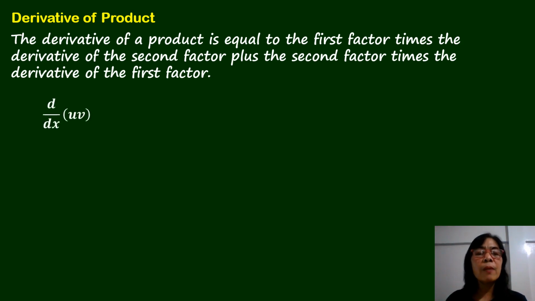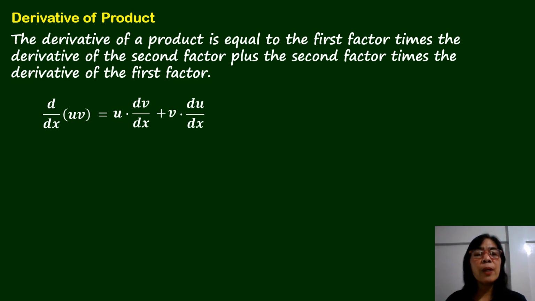In symbol, we have here the derivative of product. We have u times v. u is the first factor and v is the second factor. So we say the derivative of product is equal to the first factor times the derivative of the second factor plus the second factor times the derivative of the first factor.